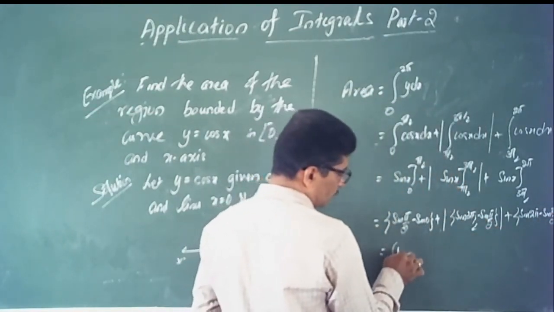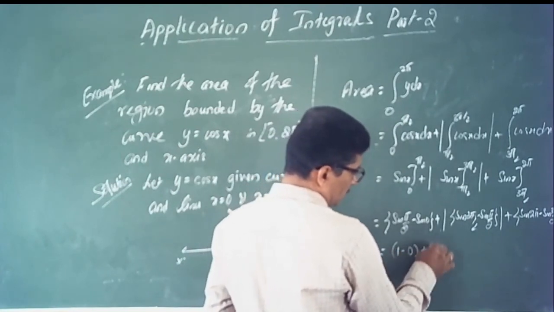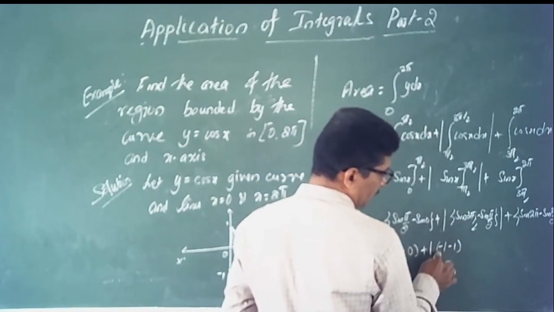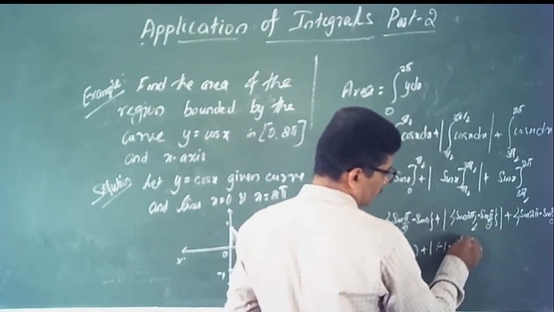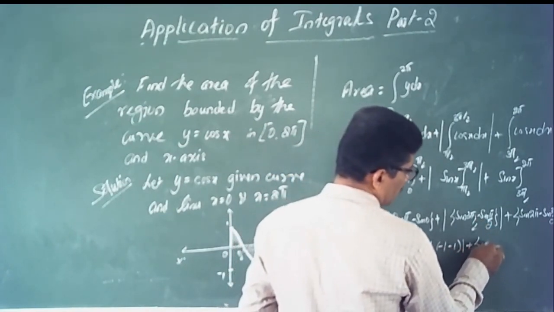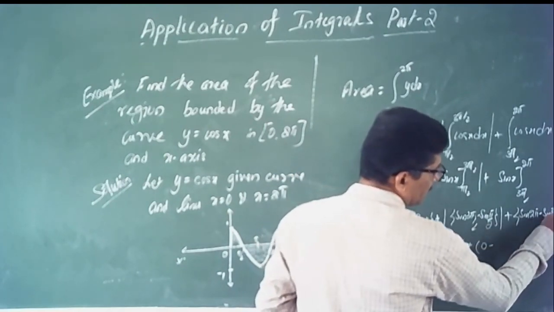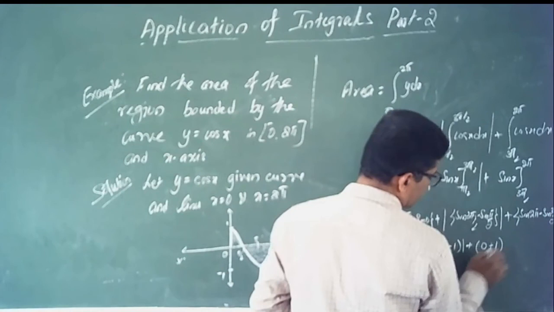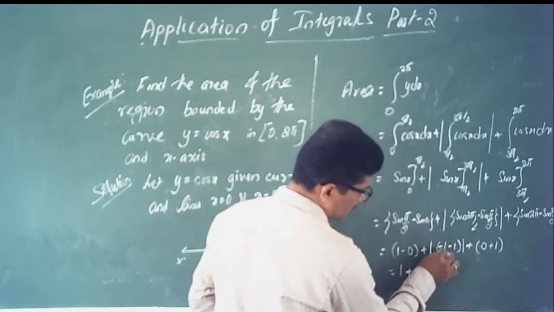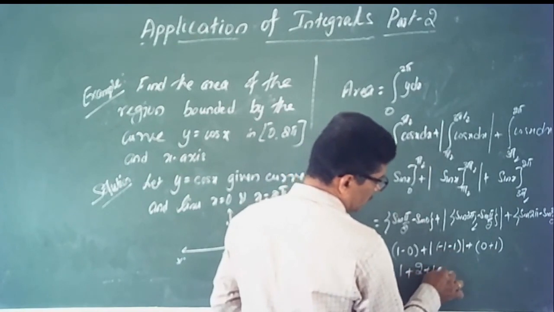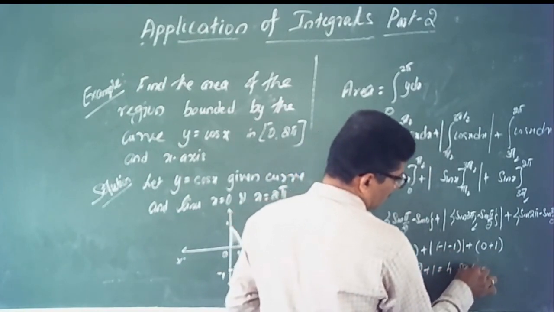Sin pi by 2 means 1 minus 0, plus modulus of sin 3 pi by 2 means minus 1 minus 1, plus sin 2 pi means 0 minus sin 3 pi by 2 means minus of minus 1, plus 1. Its value is 1 plus modulus of minus 1 minus 1, minus 2. Modulus means 2, plus 1. Its value is equal to 4 square units.